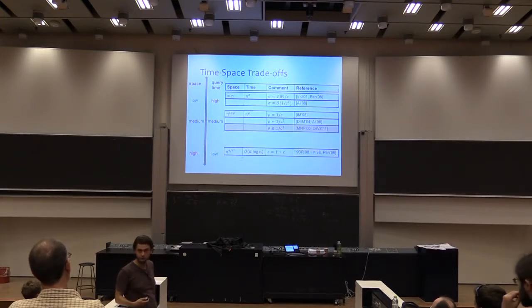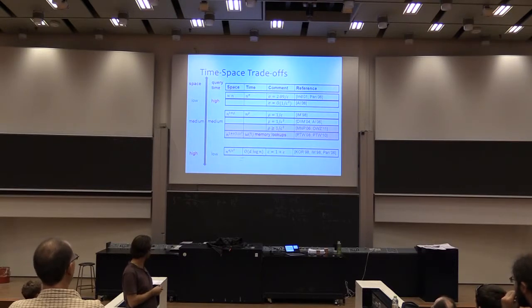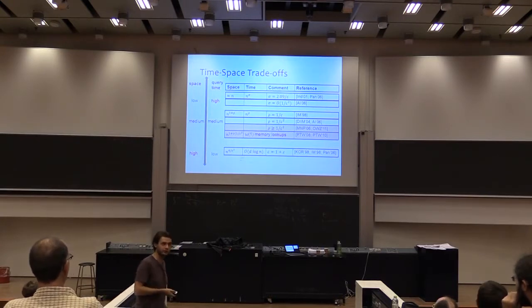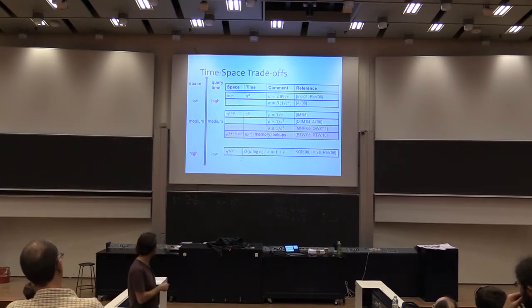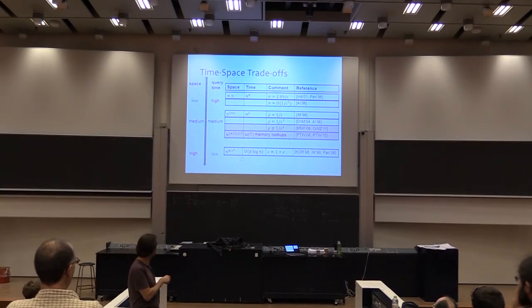Okay? Now these are still lower bounds about these objects, these hash functions. Ideally we would like to prove what are called cell-probe lower bounds, data structure lower bounds. There is some work in this direction, though it's hard to prove very high query time lower bounds for cell-probe. But what has been proven is that if you want space which is much less than n to the power 1 plus small of 1 over C squared, then you need a super constant number of memory lookups.